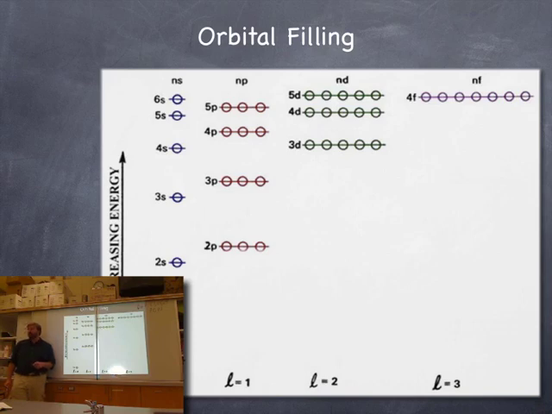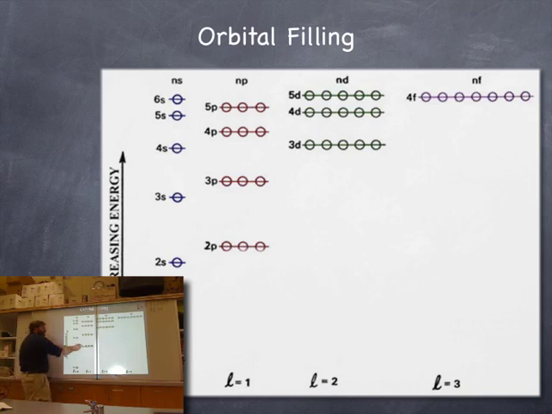So electrons go 1 in each orbital before they start to double up. So the first 3 get 1, 2, 3, each one gets its own orbital. Then you would start to double up 4, 5, 6. 3 orbitals in the p's, so a set of p orbitals can hold 6 electrons, 2 electrons in each orbital.